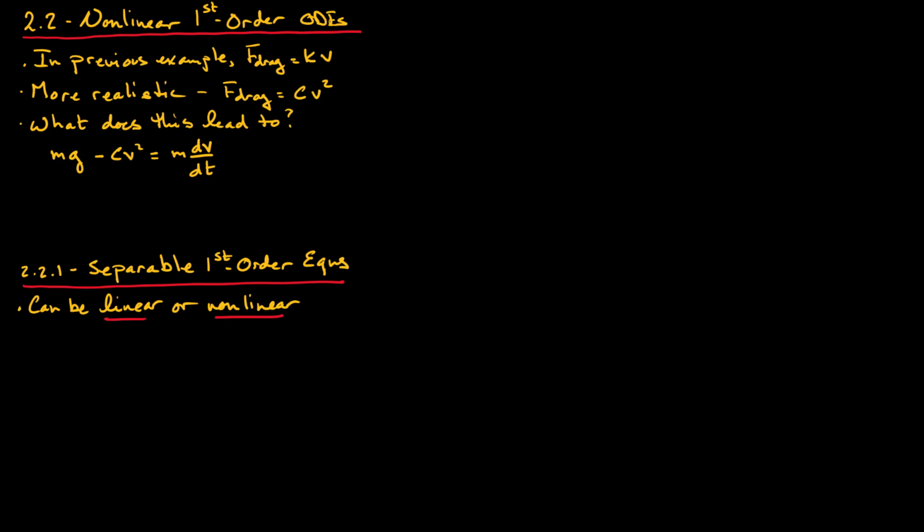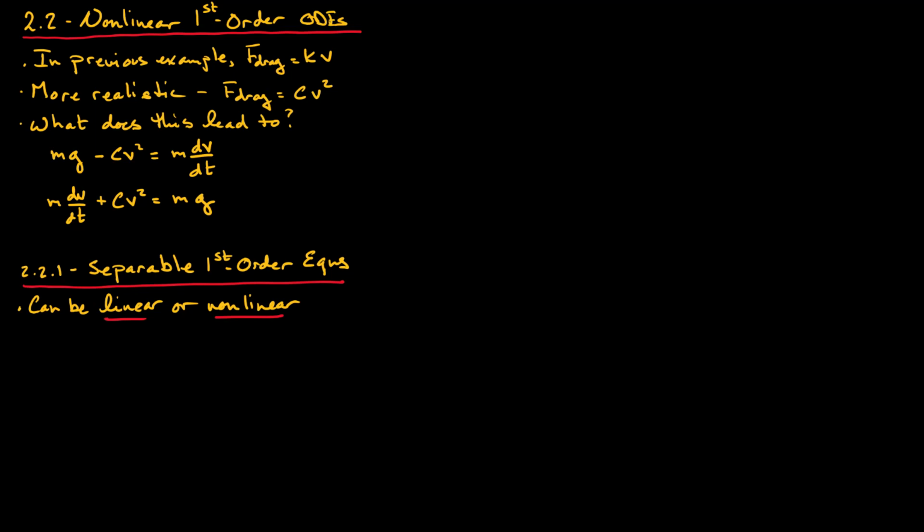So putting this in a standard form, we would have the mass times the acceleration plus the drag force equal to mg. And again, what we're doing is leaving mg, which does not multiply the dependent variable v, on the right-hand side of the equation as our non-homogeneous term.